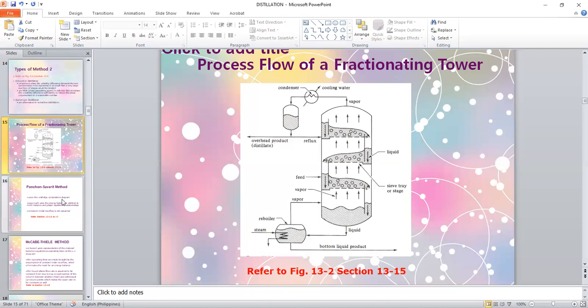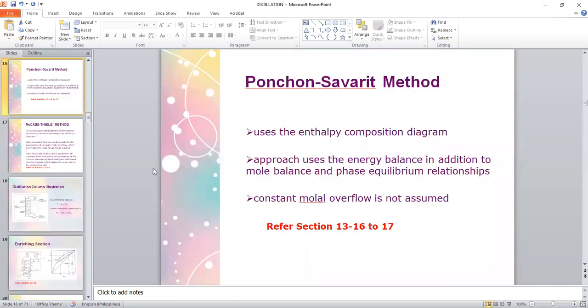Now, last time I mentioned the Ponchon-Savaret method. This is the method that uses the enthalpy composition diagram aside from the standard equilibrium diagram that we are using, wherein we are only required to use material balance, may it be in the form of an overall material balance or component balance.